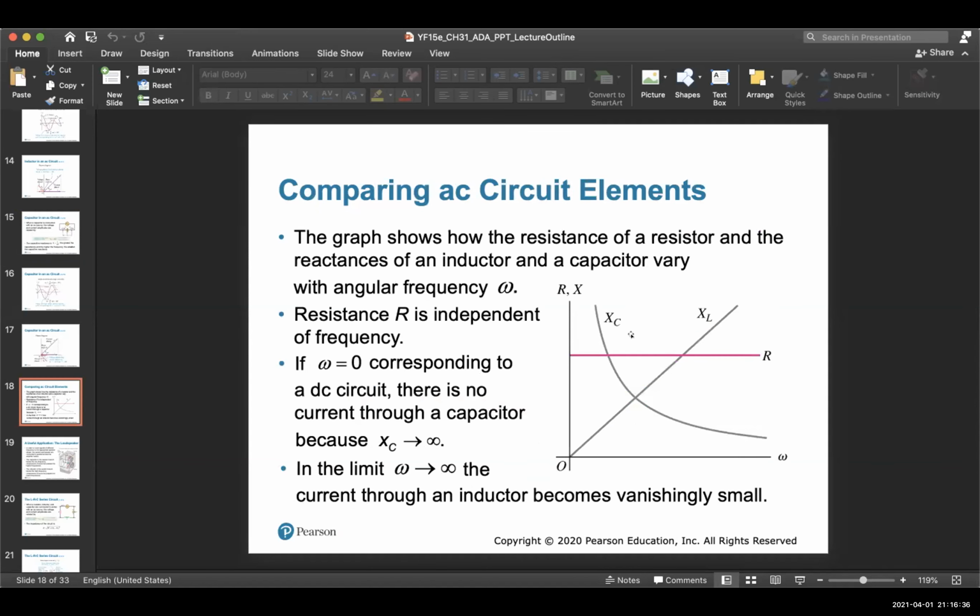The resistance and reactance. Resistance is constant. Great. If the reactance of a capacitor is 1 over the capacitance and also 1 over the angular frequency, it should decrease as frequency increases.